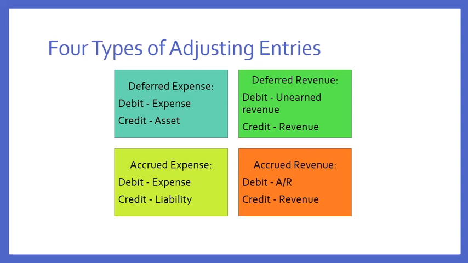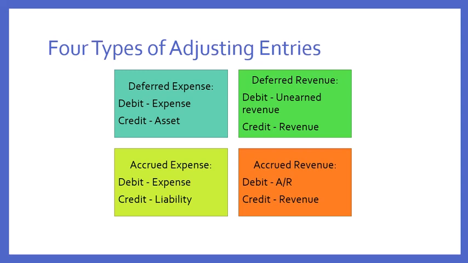There are 4 types of adjusting entries, and we're going to look at examples of each of those. We have deferred expenses. And the debit and credit that you see listed there is simply the entry that you're going to make for the adjustment.